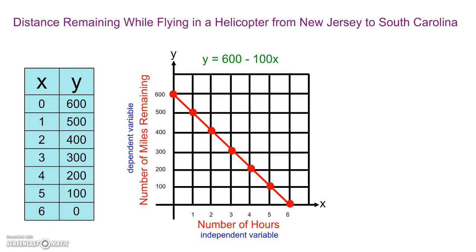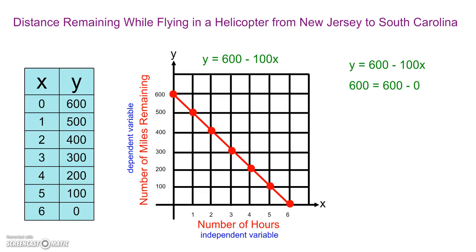Let's see if this tests out. Let's use the equation y equals 600 minus 100x and evaluate it for each value. And we'll start with 0. When x is 0, what will y equal? Well, 100 times 0 is 0. 600 minus 0 is 600, so that tests out.